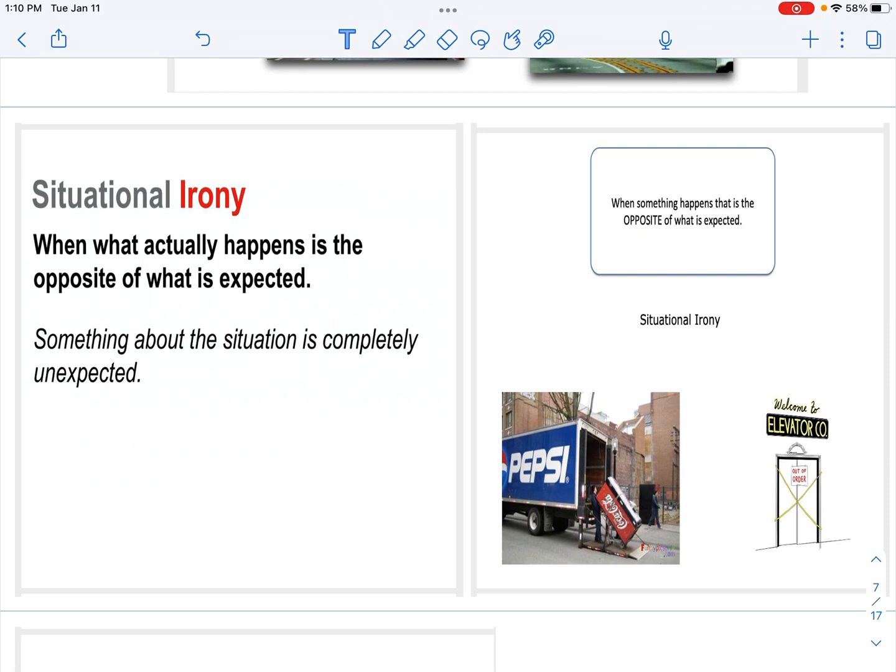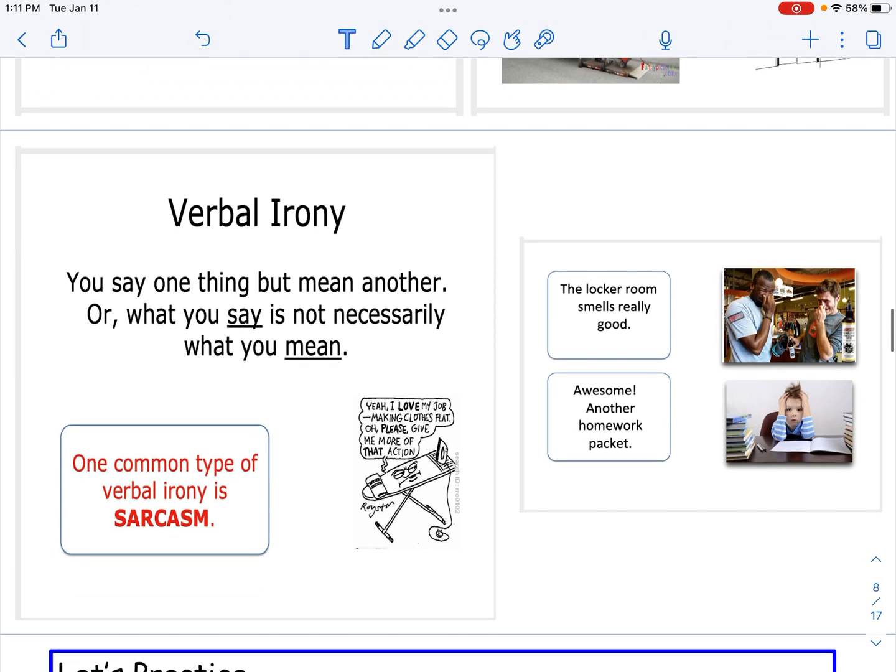Let's go over each type of irony before we learn about dramatic. The first type of irony we talked about is situational, and we saw this in the Gift of the Magi. This is when what actually happens is the opposite of what is expected. Something about the situation is completely unexpected. If we took a look at those pictures before, this explains situational irony.